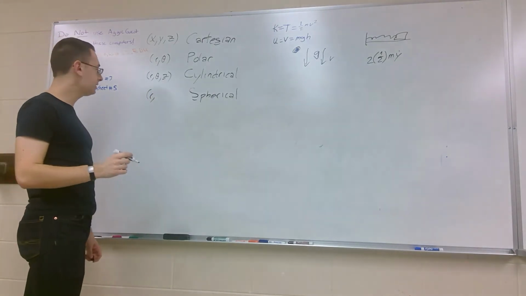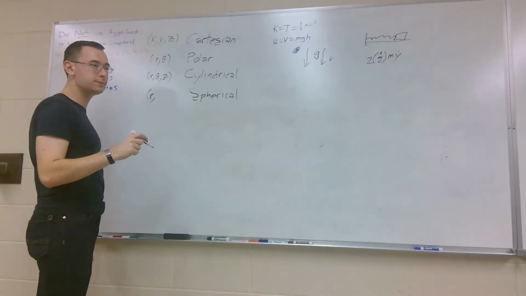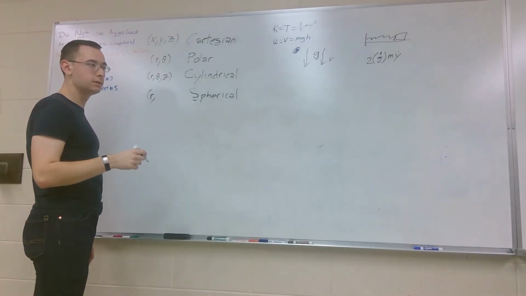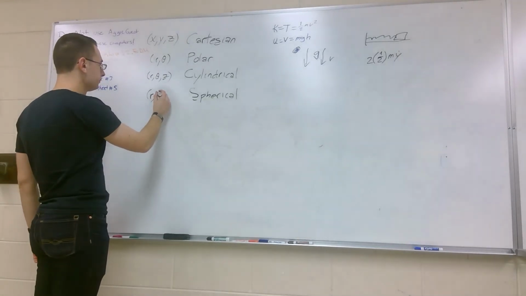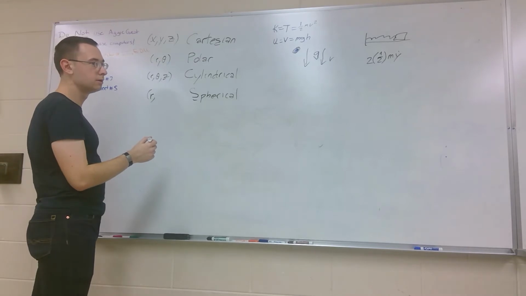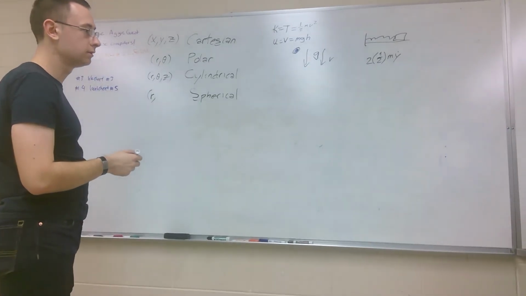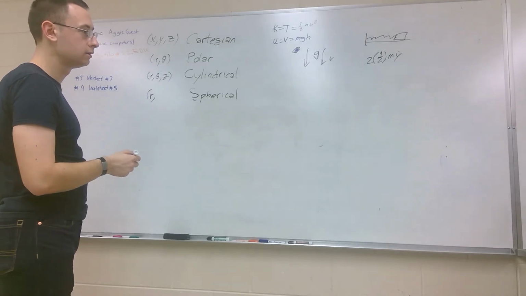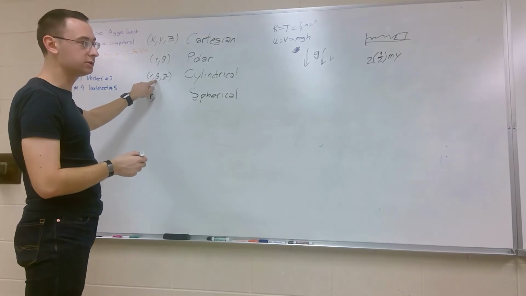Is it theta and phi for spherical? Or are we using something else? I think it's theta, phi, and Z. Okay, R, this symbol, phi and Z. So we were using phi instead of theta for cylindrical.